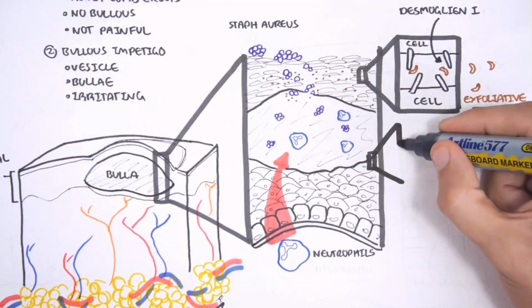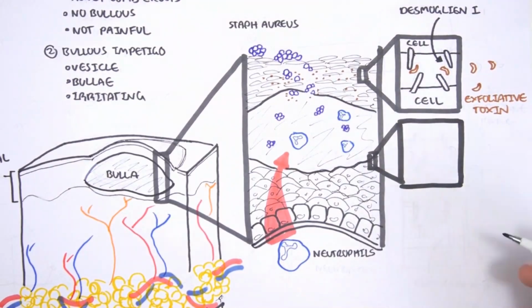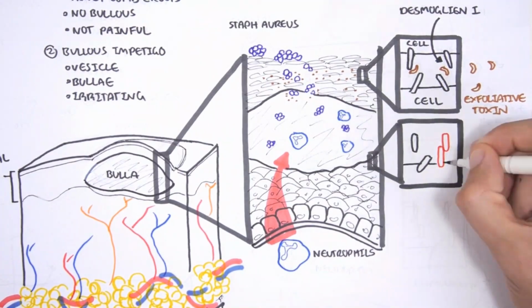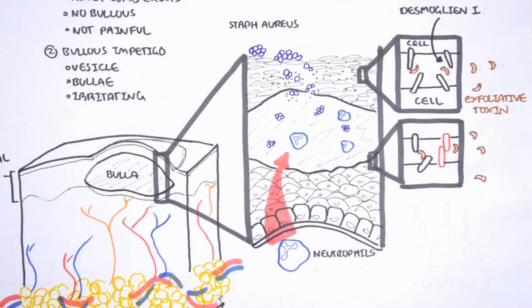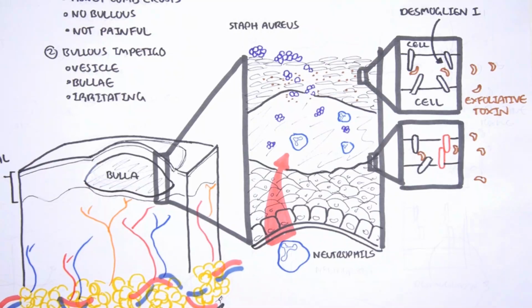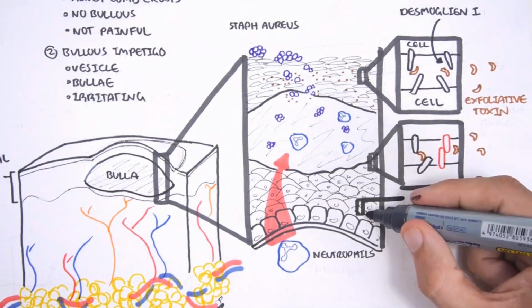Again, just recapping, in the middle layer of the epidermis, you also get disruption of the adhesion proteins, as depicted here. However, the desmosome here in red is not disrupted. This is because you have another type of desmosome found in the skin. This is not disrupted by the exfoliative toxins secreted by Staphylococcus aureus.